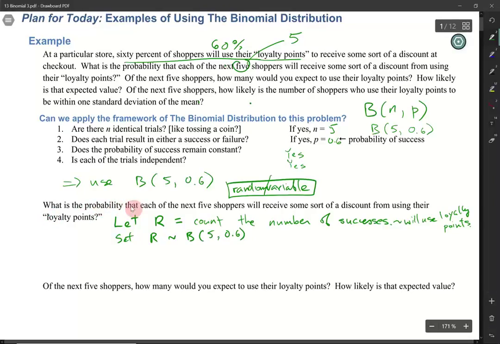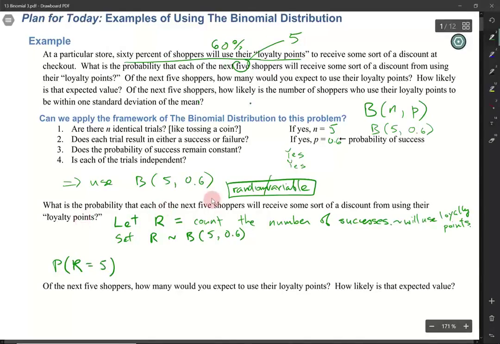We want to do P. What's the probability that something about this R equals some value? What's the probability that each of the next 5 shoppers will receive some sort of discount from their loyalty points? So you want the probability that R, what about R? Right, thank you. That R equals 5. Good.